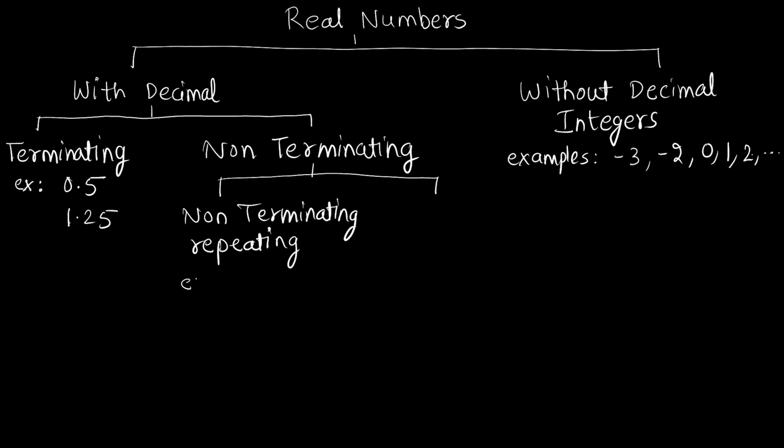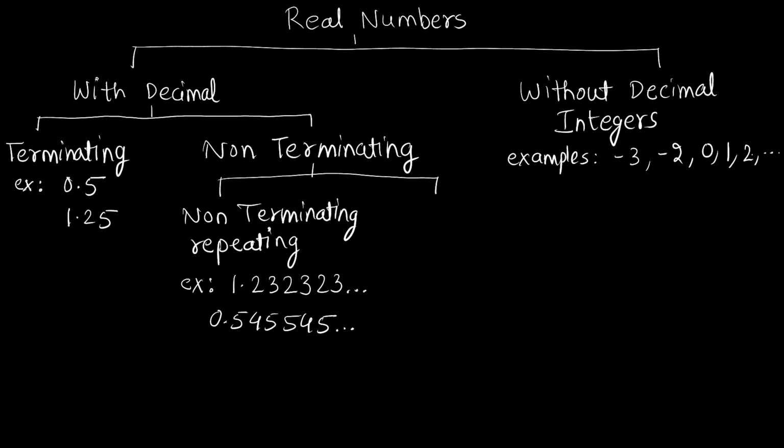The example would be, let's say you have 1.23, 23, 23 and so on. These three dots mean that it will not terminate. Here you can see that 2, 3 is a pattern. It keeps on repeating in this decimal expansion. Same way you can consider 0.545, 545. This 545, 545 keeps on repeating. So we can consider this decimal expansion as non-terminating and repeating.